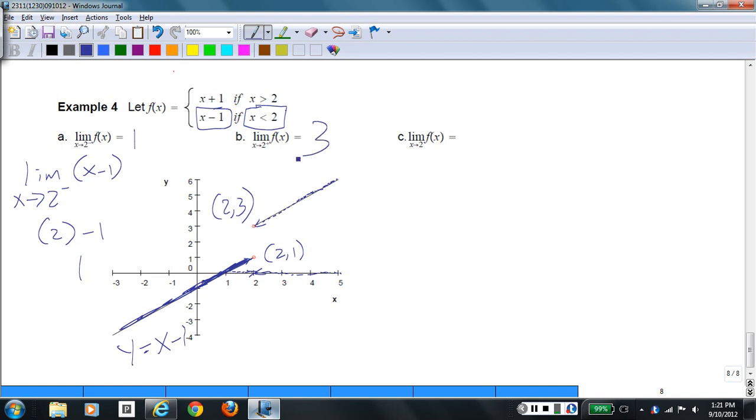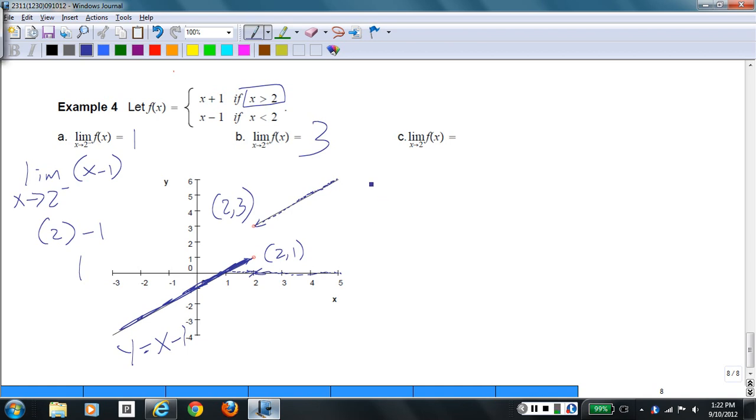If we didn't want to draw the picture or think about such things, we could look at the rule and say, okay, from the right, that's values of x that are greater than 2. So if x is a little bit more than 2, then the function is going to be defined using the expression x plus 1.